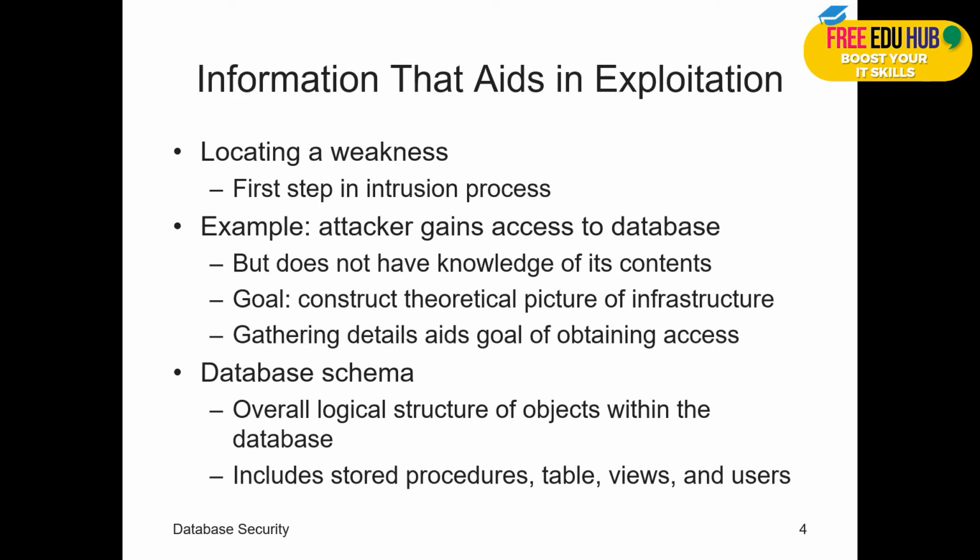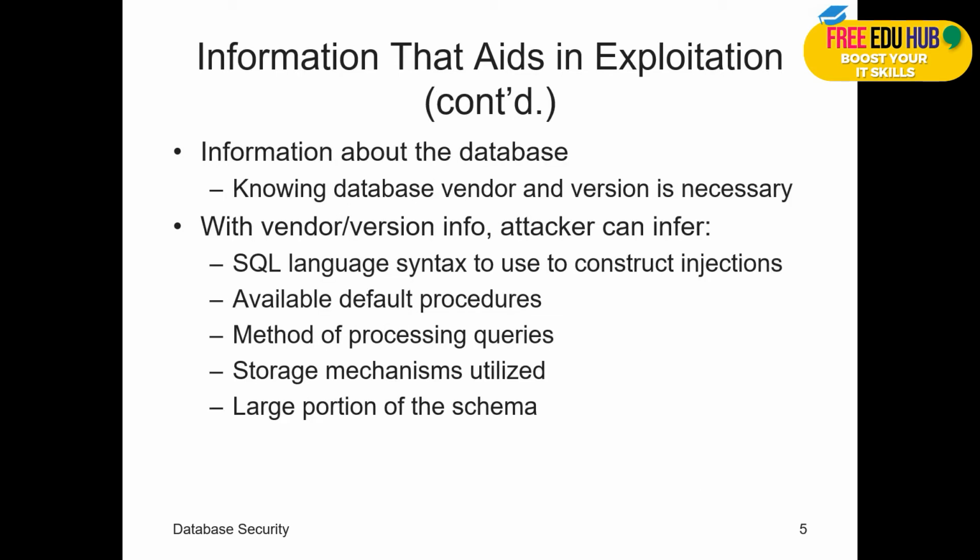Goal: to construct a theoretical picture of the infrastructure, gather details, aids, goals, and obtain the access. Now, database schema: the overall logical structure of objects within the database, which includes stored procedures, tables, views, and users. There are different views of the database as well, which are shared with the programmers.